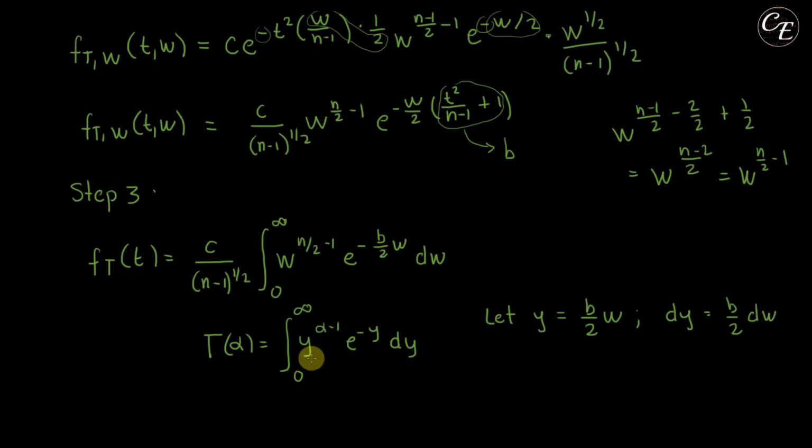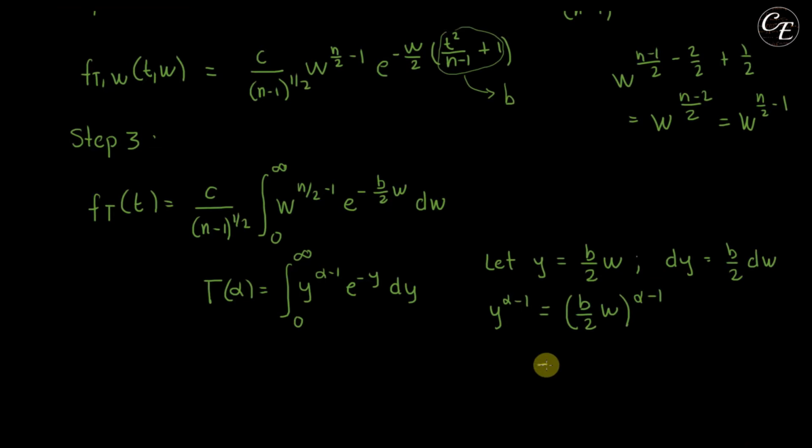And then for y raised to alpha minus 1, it will become w raised to alpha minus 1, and it will just be equal to b over 2 raised to alpha minus 1, and then w raised to alpha minus 1.